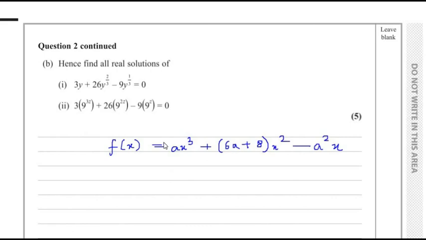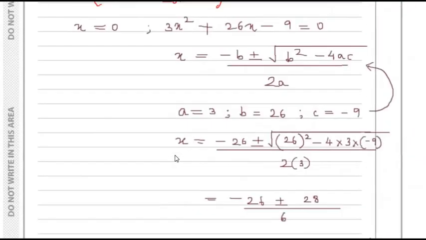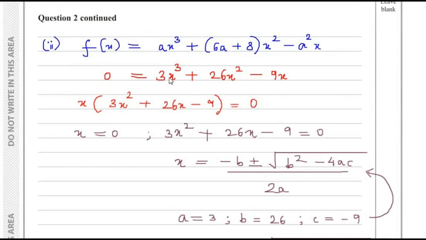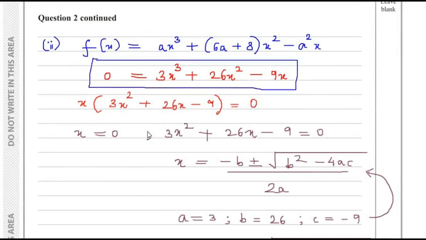And by substituting a equal to 3 in this function and equating f of x equal to 0, we had got the equation 3x cube plus 26x square minus 9x equal to 0. So let us consider this equation which we had got in part A to solve this part B.